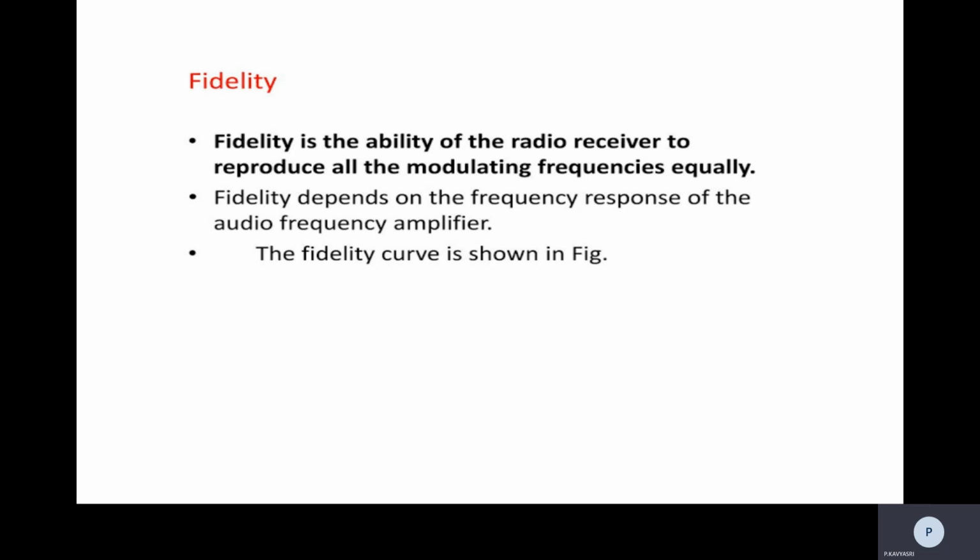And the last one is fidelity. Fidelity is the ability of a receiver to reproduce all the modulating frequencies equally. This fidelity depends upon the frequency response of the audio frequency amplifier, and the fidelity curve is shown in the figure.